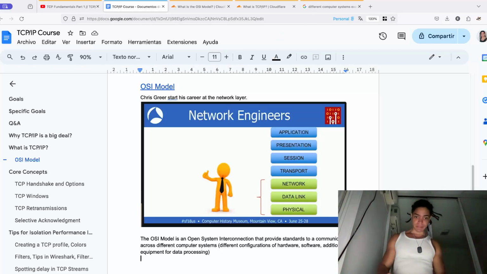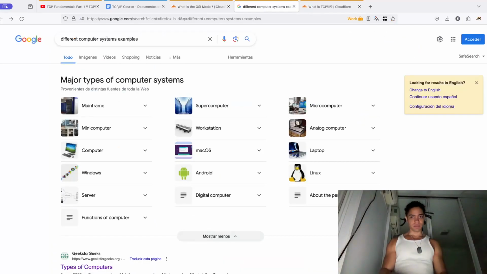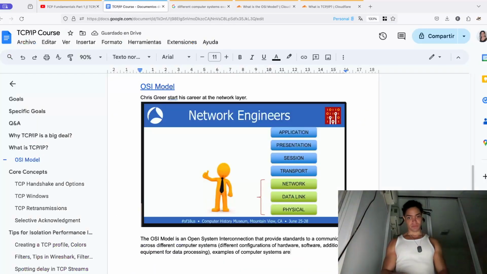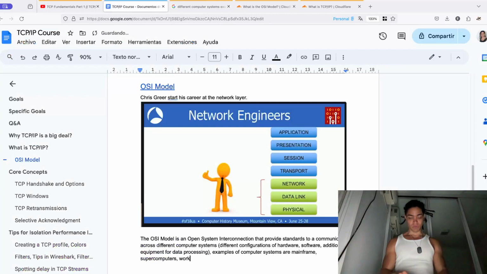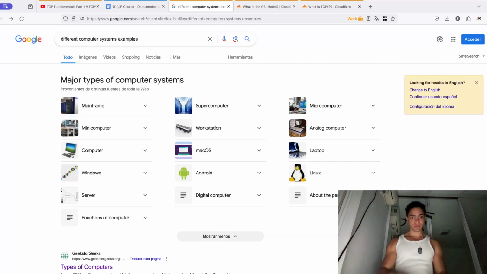So examples of computer systems are as they mention here. You have mainframes, supercomputers, workstations, laptops, Windows, Mac.